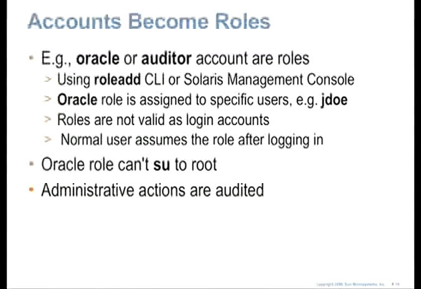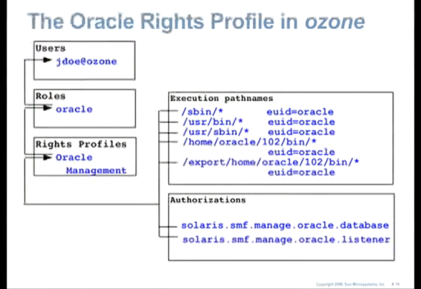So here's the setup pictures for both the non-global zone and for the global zone. We have a user JDO, and I added "at zone" here to highlight where it's actually happening. This is in the non-global zone. This user can assume the role Oracle, and the role Oracle is now associated with a rights profile. The rights profile that we introduced is called Oracle Management. Associated with that are two different sets of things.